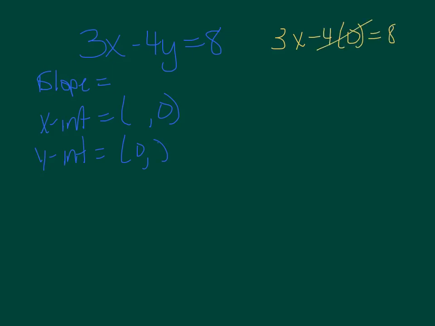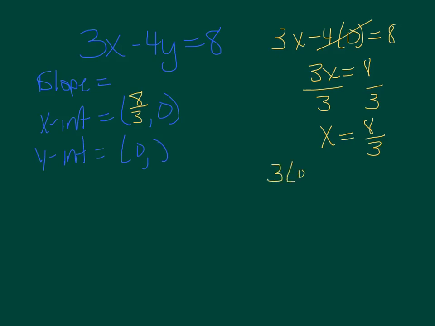That's 0. So right now I have 3x equals 8, divide by 3, and x equals 8 over 3. 3 won't go into 8 evenly, so I'm just going to leave it. That's my x-intercept. Just because it's a fraction, don't think it's slope.